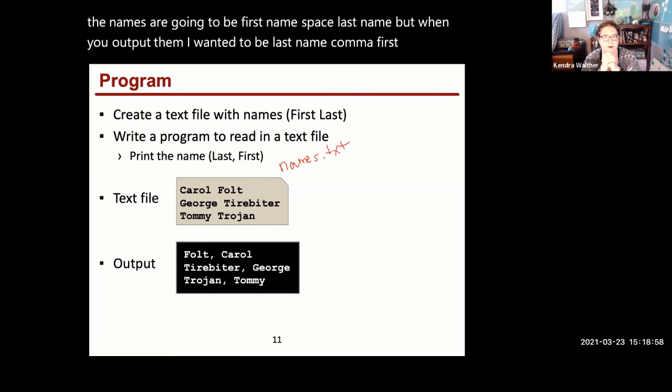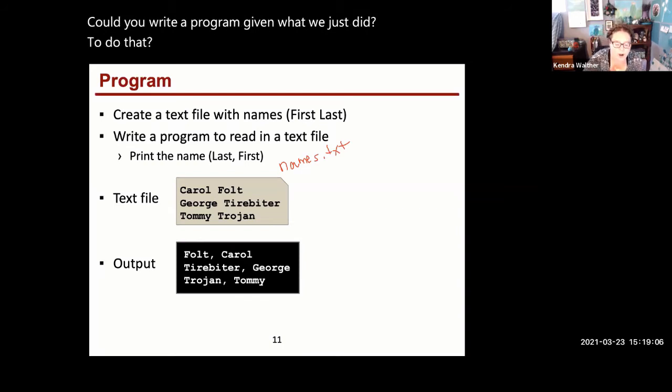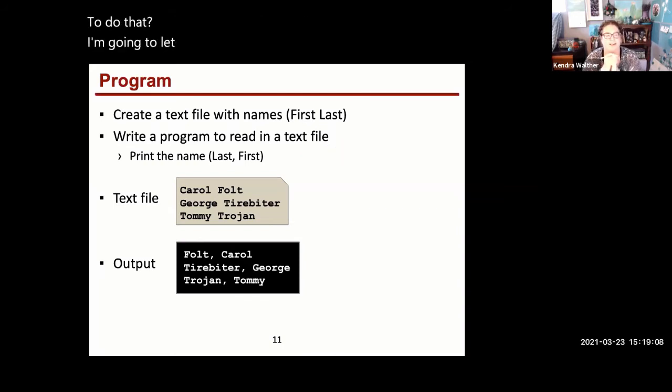Could you write a program, given what we just did, to do that? I'm going to let you pause the video if you want and think about how that would look.